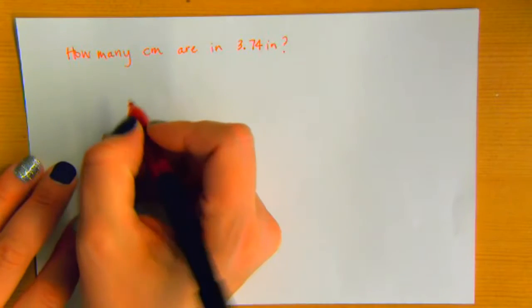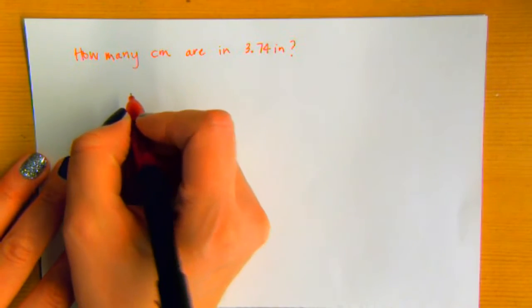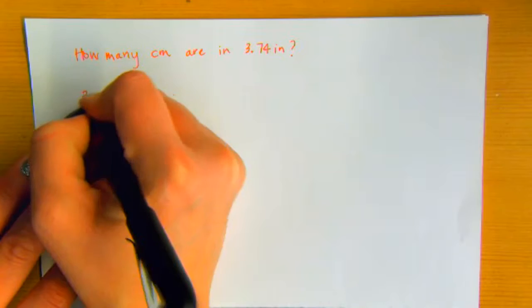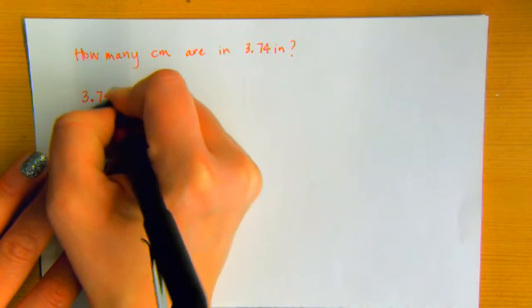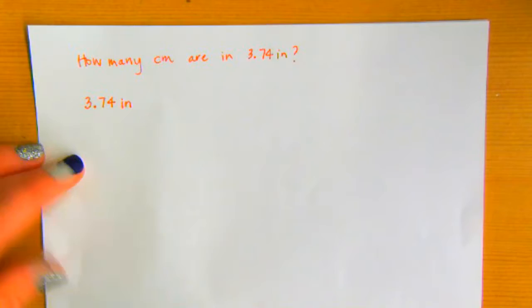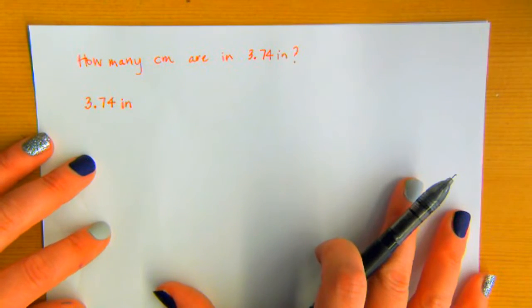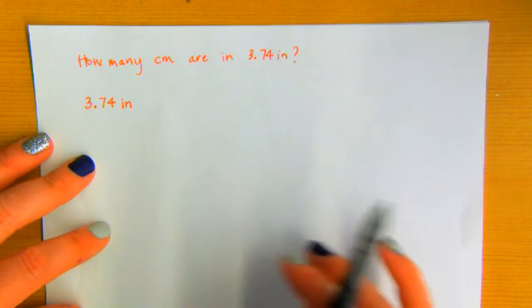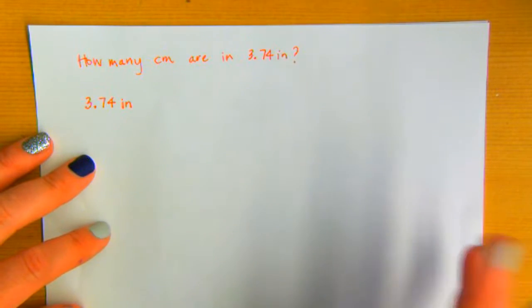Okay. And so as mentioned, we always want to start with what we know. So when I set up a problem like this, I always start setting it up by putting in what has been provided to me, 3.74 inches. Okay. And then the best way to keep track of dimensional analysis, and people will say that you can do it anyway, and you can, it's just math.